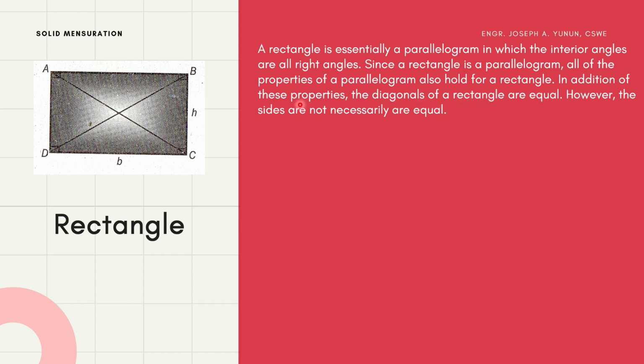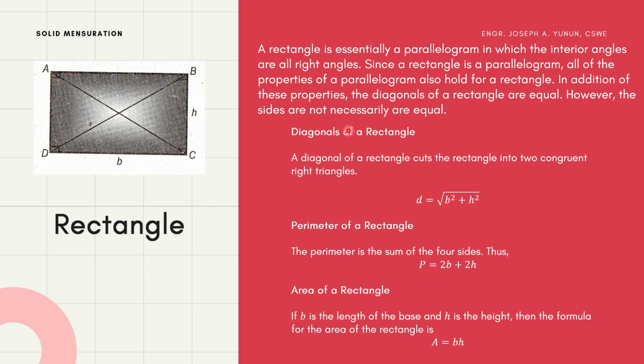However, sides are not necessarily equal. The diagonal cuts the rectangle into two congruent triangles, like triangle ABC equals triangle ABC, similarly with BDC and ABD.